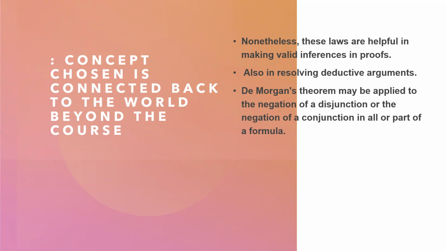That statement is true because we know that 6 plus 3 is 9. Also, in resolving deductive arguments, DeMorgan's theorem may be applied to the negation of a disjunction or the negation of a conjunction in all or parts of the formula.